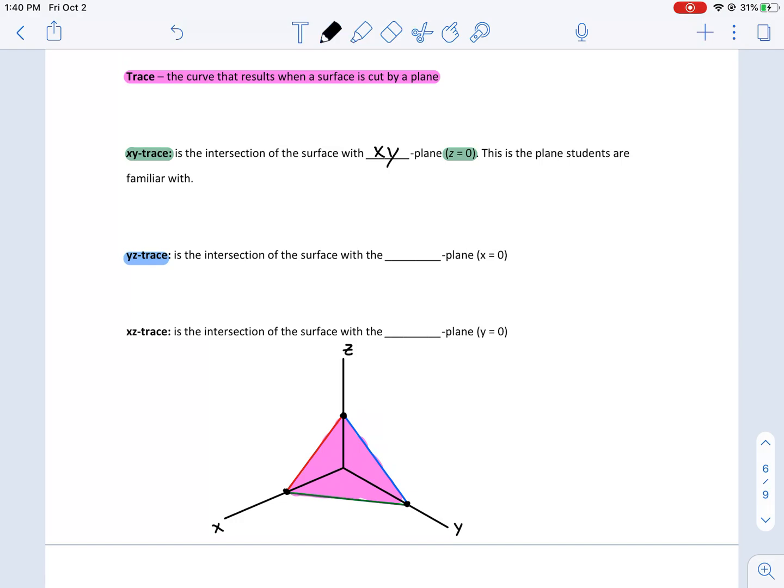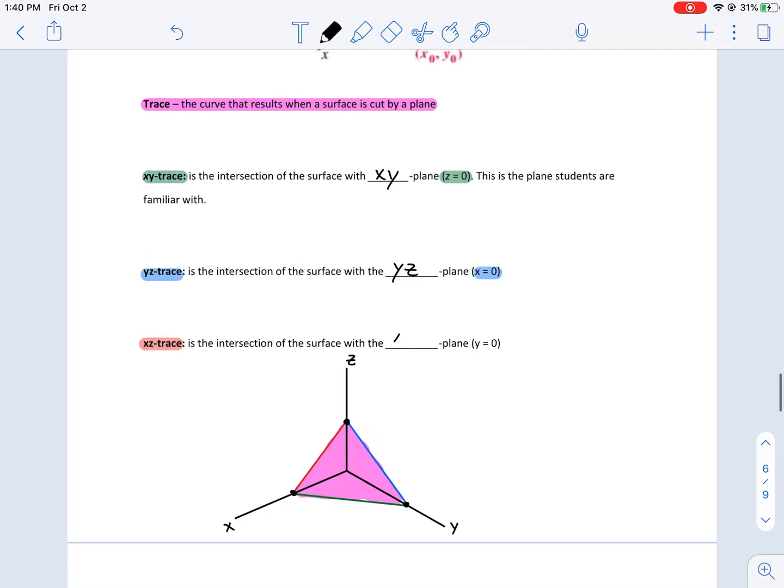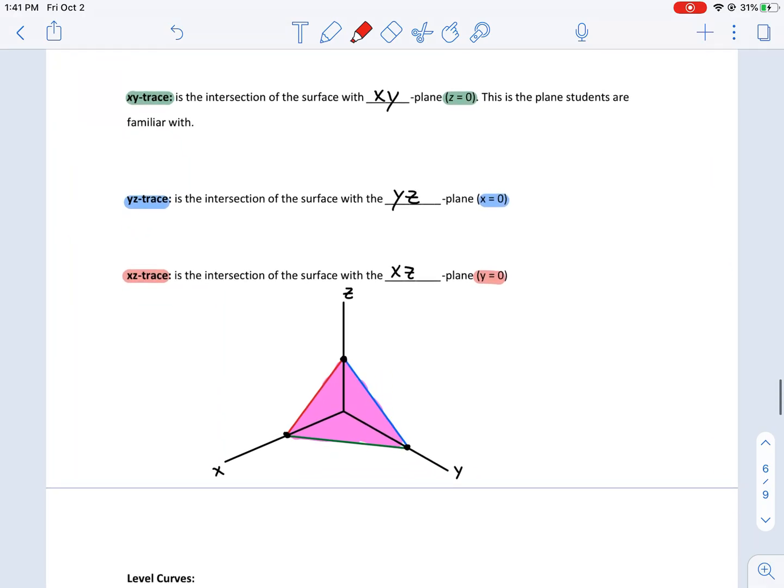And the yz trace is the intersection of the surface with the yz plane, or in this case, x is equal to 0. And finally, there is the xz trace, and the xz trace is the intersection of the surface with the xz plane, or where y is equal to 0.